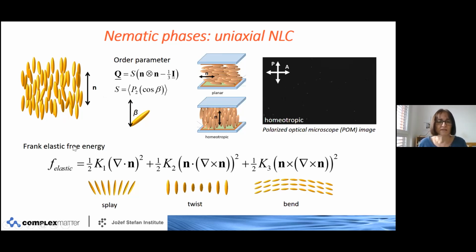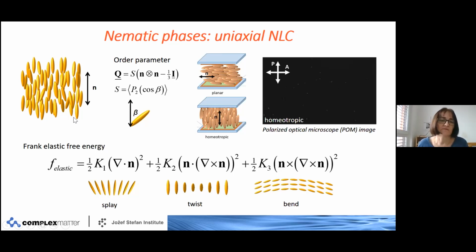And in the bulk, there are three fundamental deformations, schematically drawn here: the splay, the twist, and the bend. And K1, K2, and K3 are the orientational elastic constants, which correspond to the splay, twist, and bend, respectively.